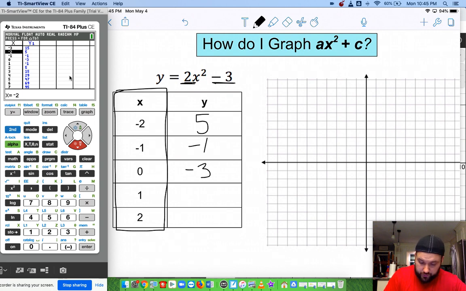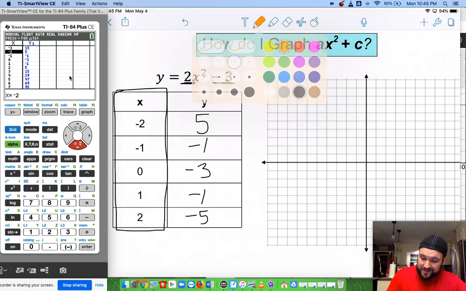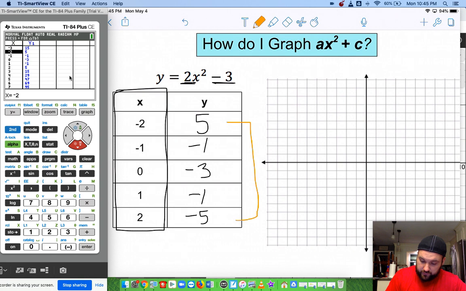And then 1 goes with -1. 2 goes with 5. What's kind of cool here, and I don't want to spend a ton of time on this, is that these values will repeat themselves as you move away from the vertex. So if you don't see some sort of pattern, it means you're either doing something wrong or the vertex isn't included in your table.